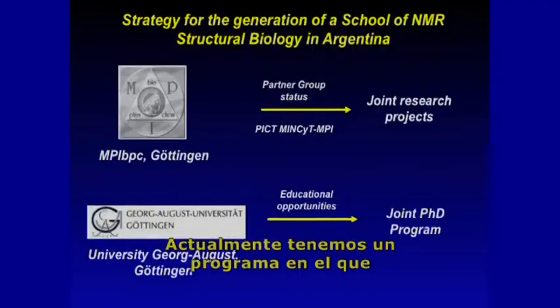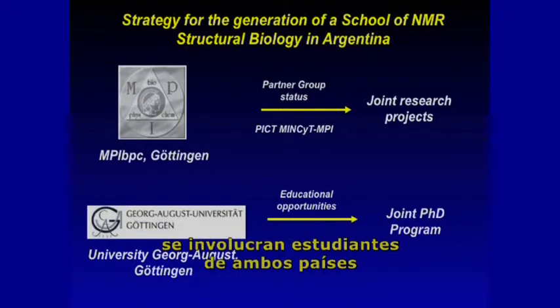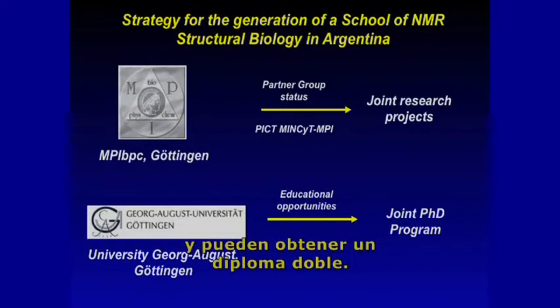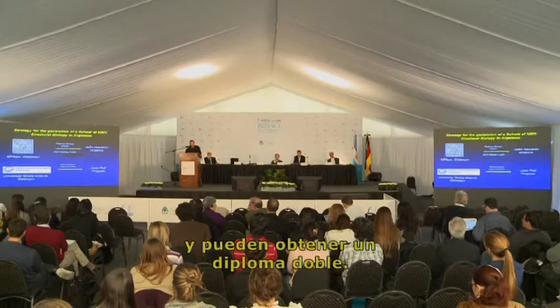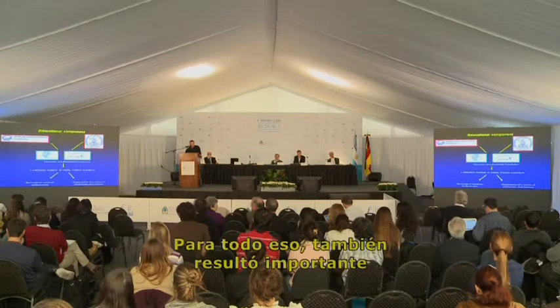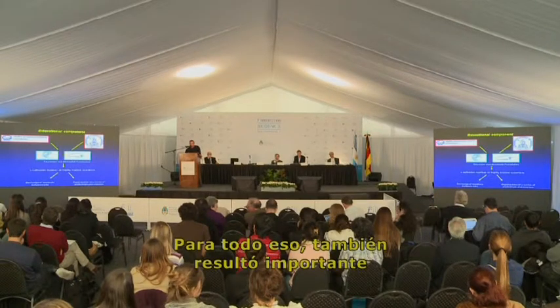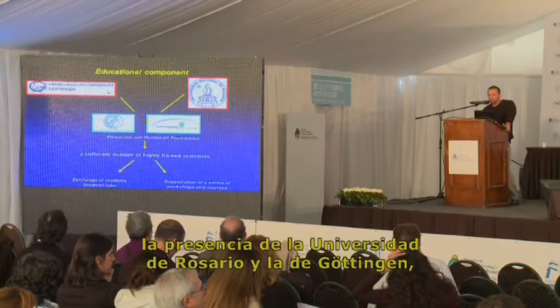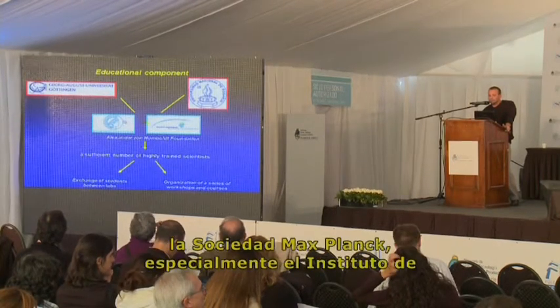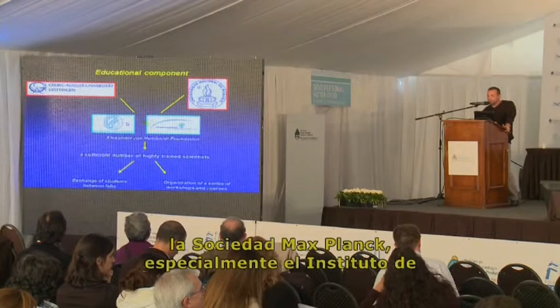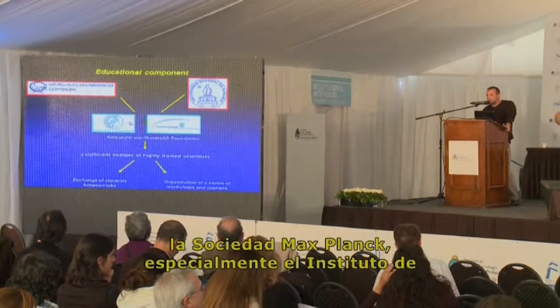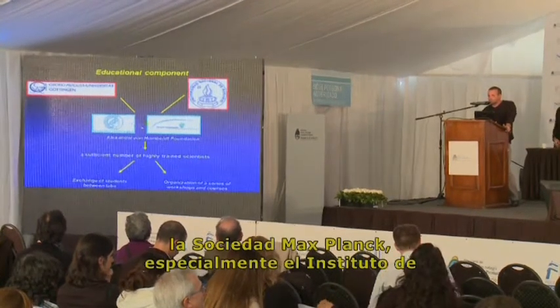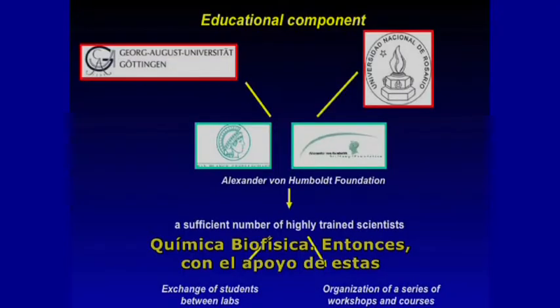And we are working on creating a joint PhD program in which students from both countries may be involved, and they could get a double diploma. In that, the University of Rosario, the University of Göttingen, the Max Planck Society, in particular the Max Planck Institute for Biophysical Chemistry, and the Alexander von Humboldt Foundation were also very important.